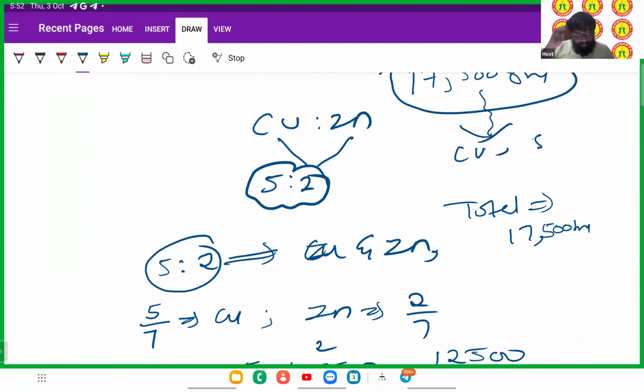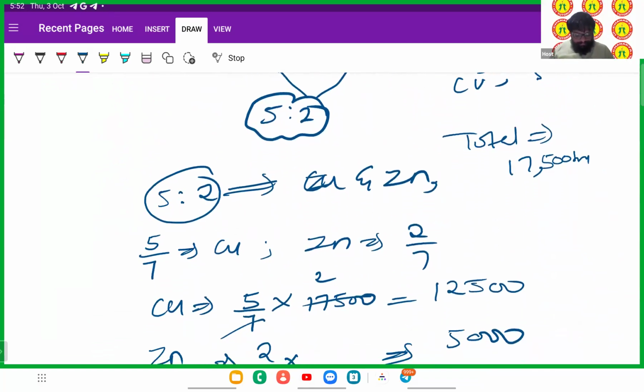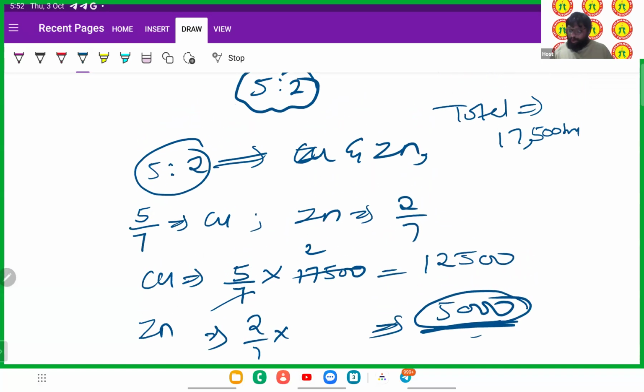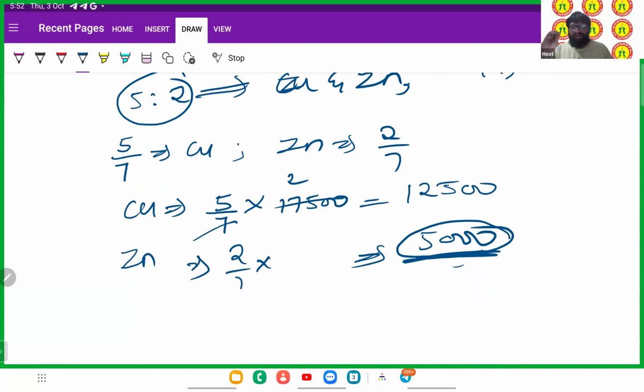So now zinc is this much. 5,000 grams of zinc is already there in the alloy.